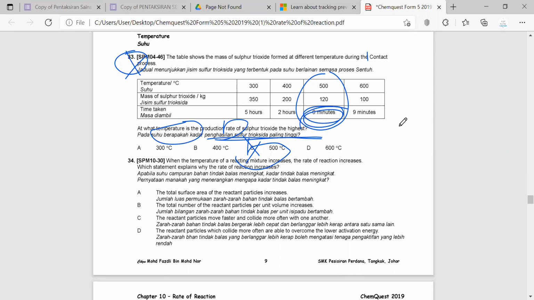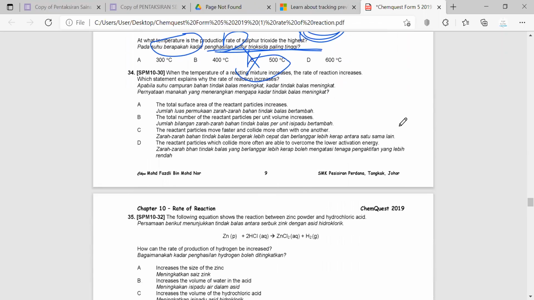Okay, but contact process is something that you do not learn anymore, so it doesn't matter. Okay, 34. Teacher, that one go very fast because you don't learn that anymore. 34. When temperature is increasing, what actually is increasing here? What is the reasoning for temperature?